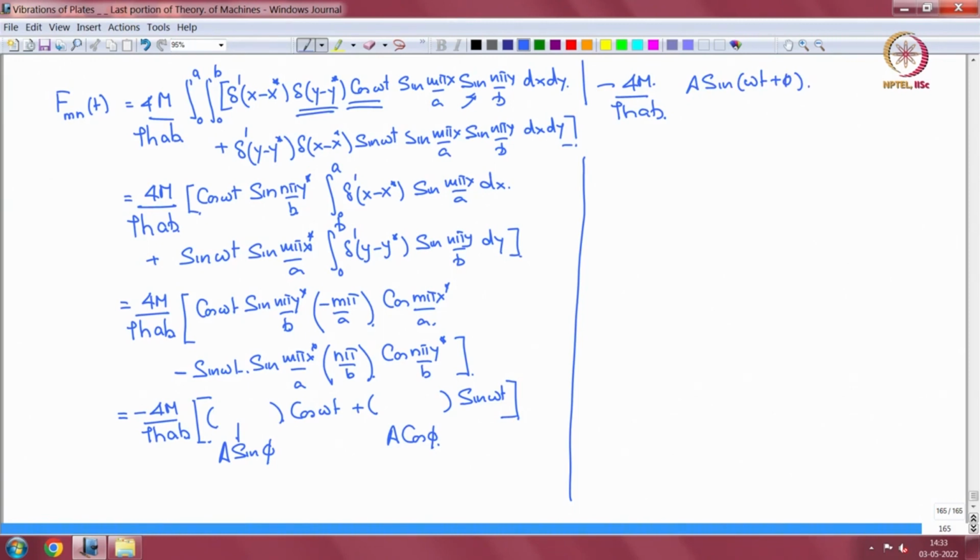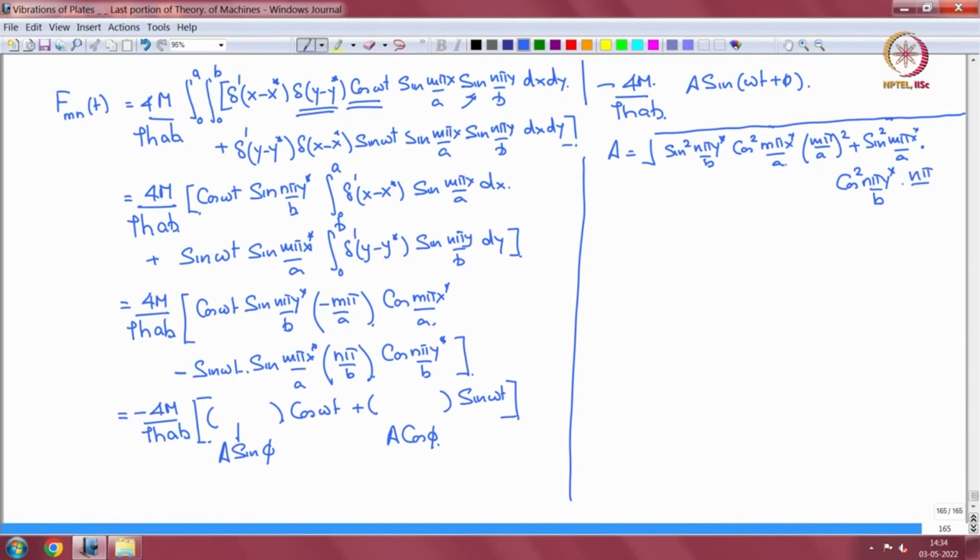Okay. What is A now? A is equal to square root of sine square n pi y star by b cos square m pi x star by a into m pi by a whole squared, plus sine squared m pi x star by a into cos square n pi y star by b into n pi by b whole squared.